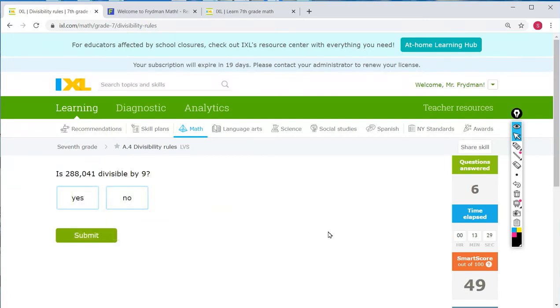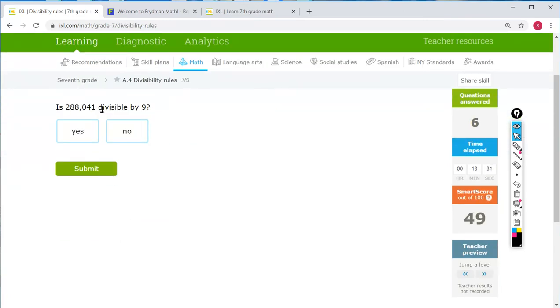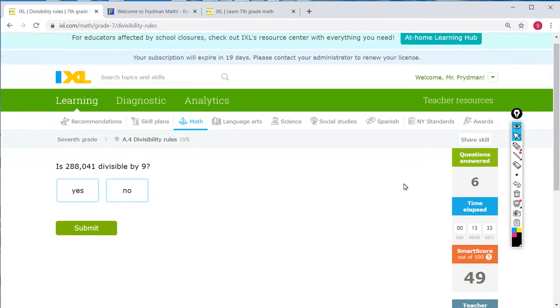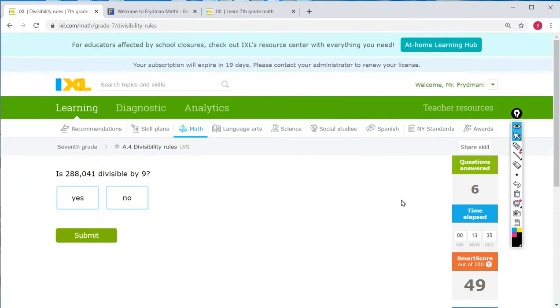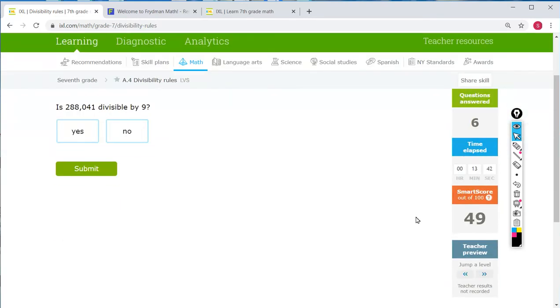Okay, next question. We have another 9 one. All right, so these can be tricky. So even though we did it, and even though the last problem was also similar with the rule for 3, let's just do one more of these, and then we'll skip ahead to the next level. So we're going to add up the digits, 2 plus 8 plus 8 plus 0 plus 4 plus 1.